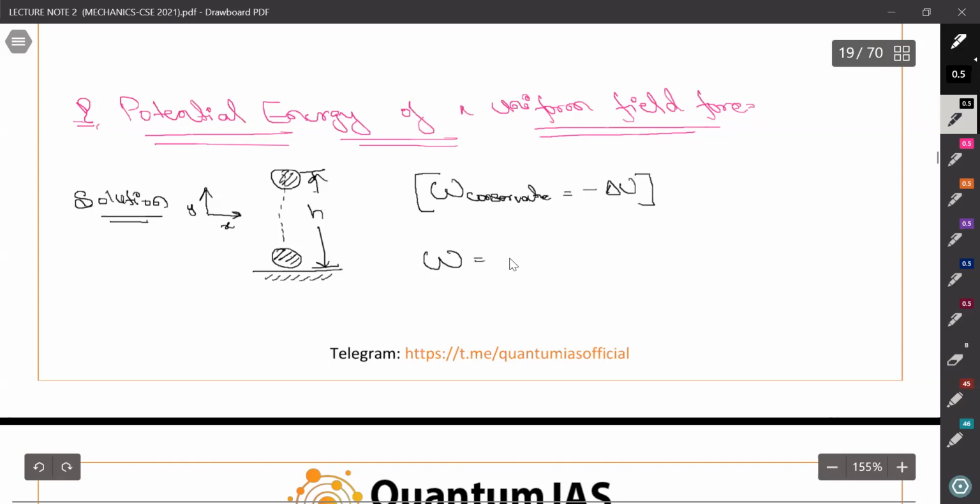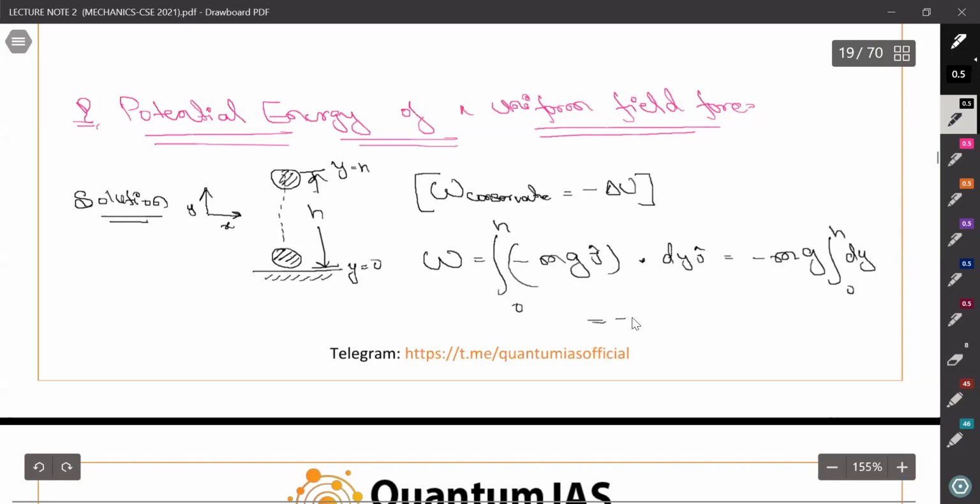It will become integration of minus mg j cap, dot dy j cap, from y0 to h, that is 0 to h.